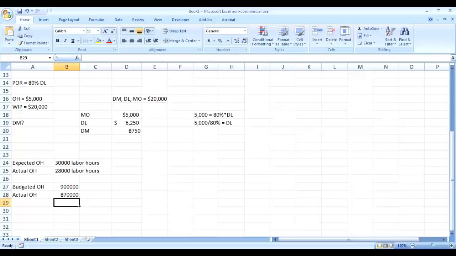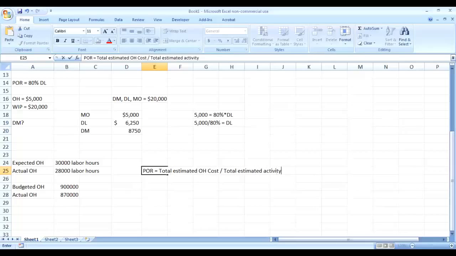Okay, I remember this one. One thing to keep in mind is that the first thing this problem asked for was our predetermined overhead rate. Our predetermined rate, POR, is always, 100% of the time, our total estimated overhead cost divided by our total estimated activity based on our allocation base, whatever that may be. In this case, they told us that was labor hours.